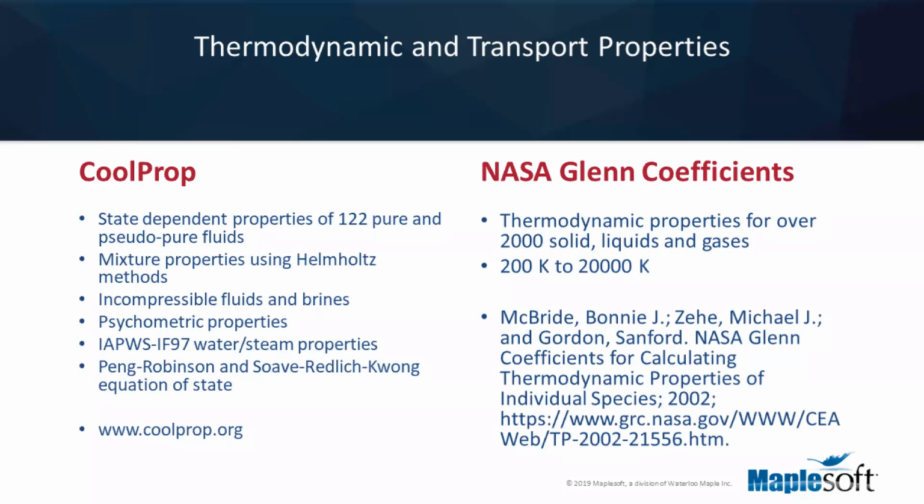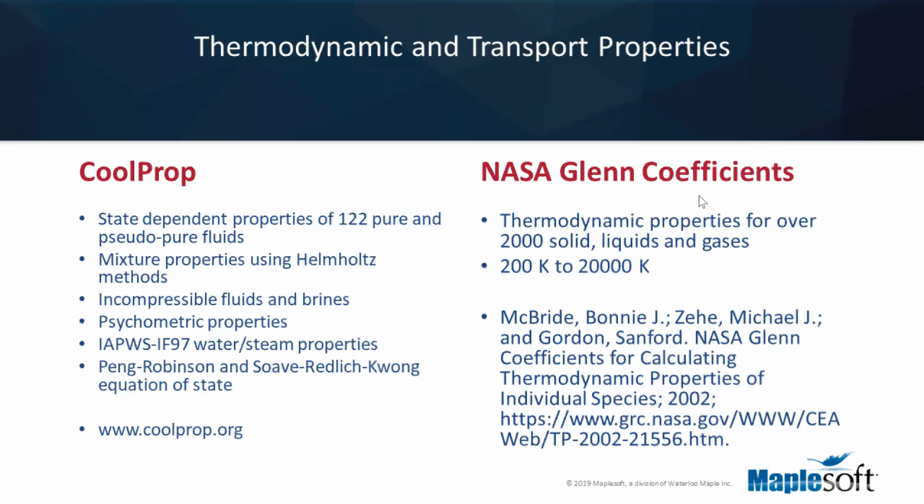This gives you state-dependent properties of 122 fluids. You can calculate the properties of arbitrary mixtures using high accuracy Helmholtz methods. There are also psychrometric properties, water and steam properties, and equations of state. And you'll get more detail on this open source library if you go to coolprop.org.